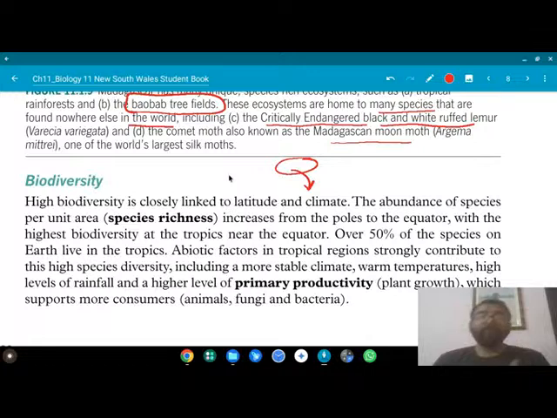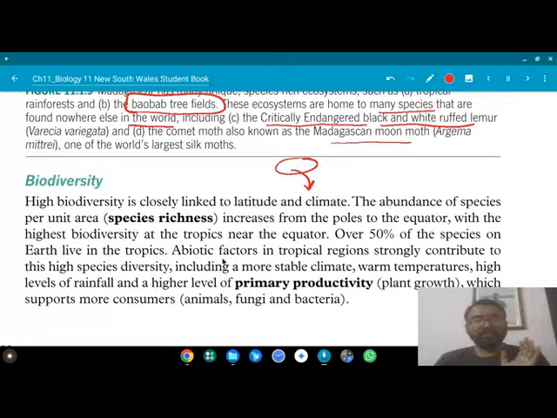In the negatives it is different. The density of the communities increases while coming from the polar regions to the equator, so the highest biodiversity is in the tropics near the equator. Over 50% of species on earth live in the tropics.